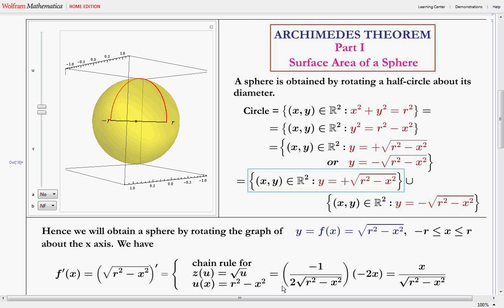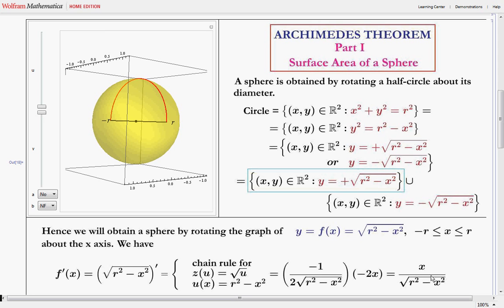When we multiply these two factors, we get this nice fraction. So the derivative of our function is defined again in the interval from minus r to r, and it is a continuous function on that interval because it is a ratio of continuous functions.